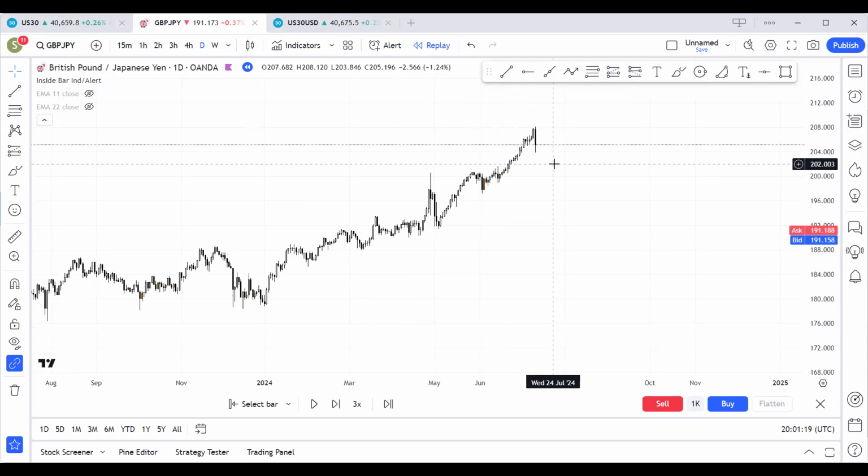Are bulls in control, or bears? Are buyers or sellers in control? If buyers are in control, you look for buying opportunities, and if sellers are in control, you look for selling opportunities, because at the end of the day, you want to trade with the trend, not against it. Understand?